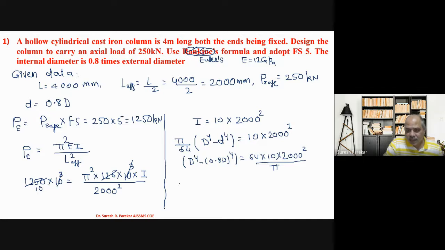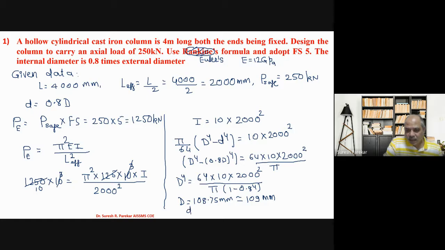And then if we take D to the 4 common from this, we have 64 into 10 into 2000 square divided by pi into bracket 1 minus 0.8 to the power 4, and from this we will get D equal to 108.75, so that is approximately 109 millimeters.